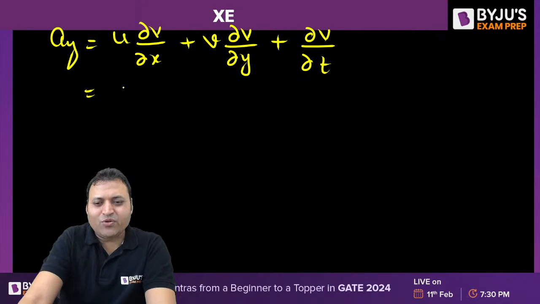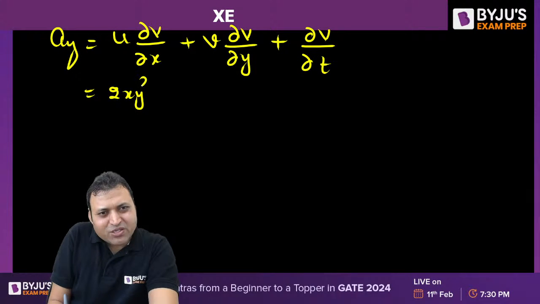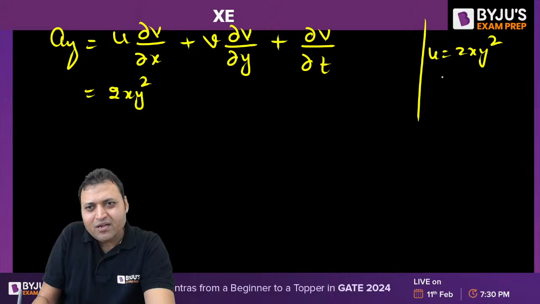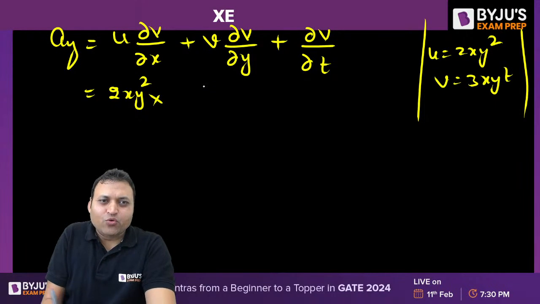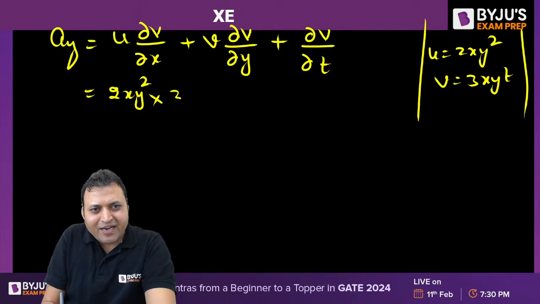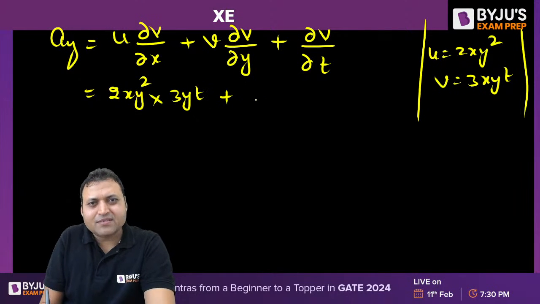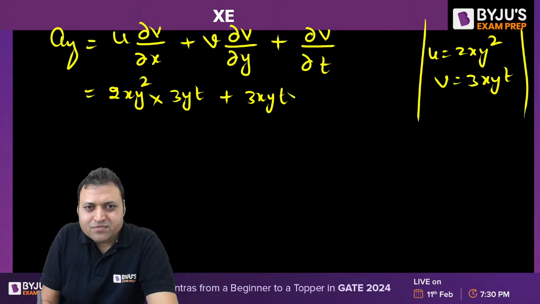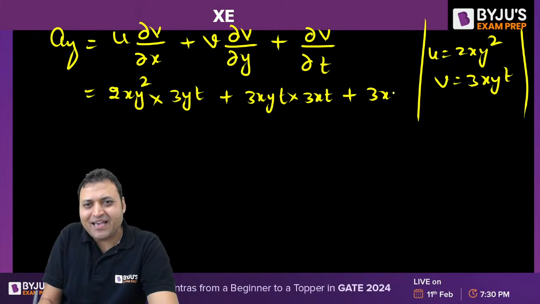So u is equal to 2xy square and v is equal to 3xyt. 2xy square into del v by del x, that is 3yt, plus v, that is 3xyt, into del v by del y, that is 3xt, plus del v by del t, that is 3xy.